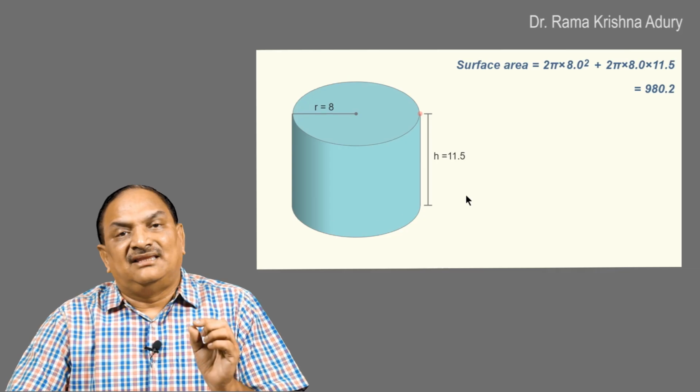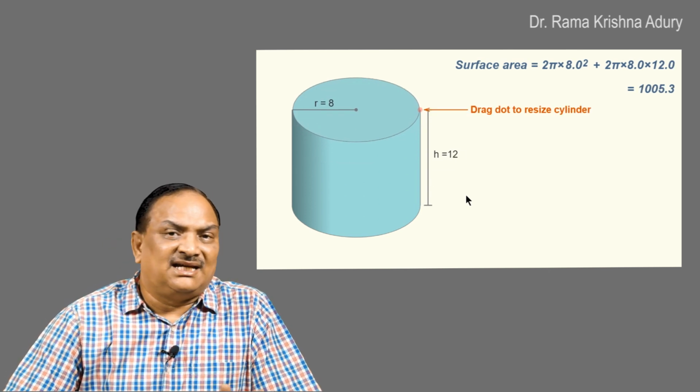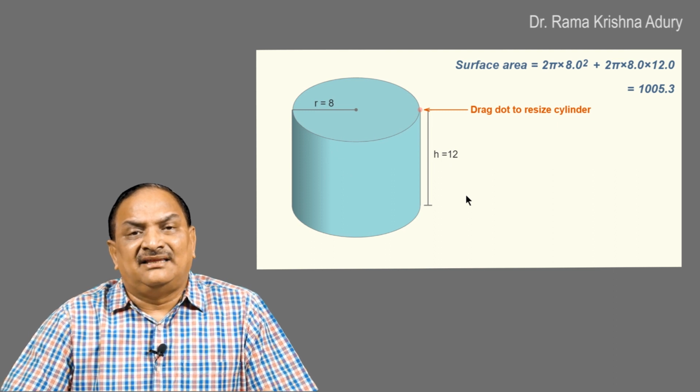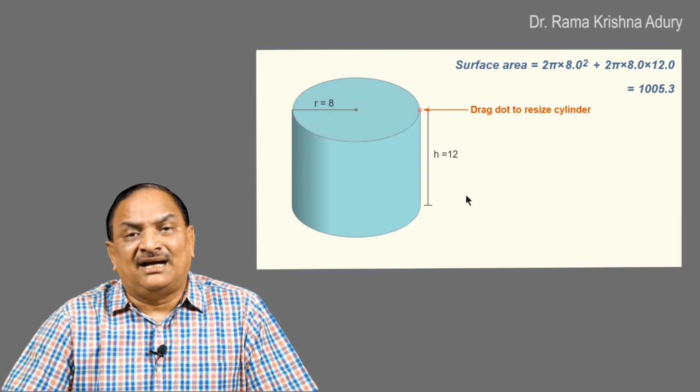Let us also talk about the surface areas of a cylinder. The lateral surface area is the perimeter of the base times the height. The base is a circle, so its perimeter is the circumference, 2 pi r.